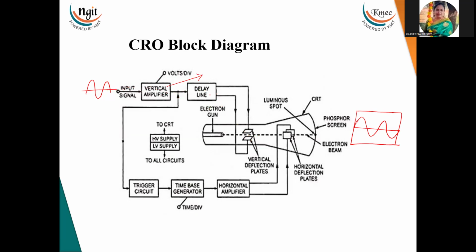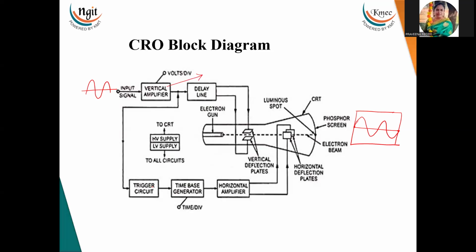Why give it to the delay line? Because the vertical deflecting plates and horizontal deflecting plates need the signal at the same time. If you see, after the amplification, the signal is applied to the horizontal section. Here three circuits are there, and the signal passes through these three circuits and is finally applied to the horizontal deflecting plates.